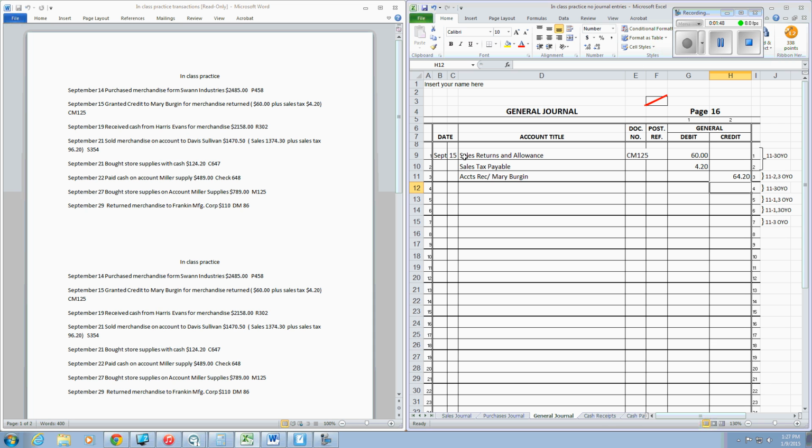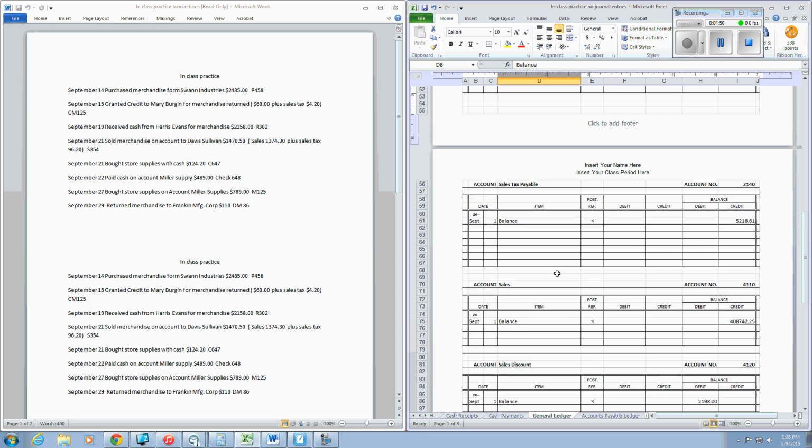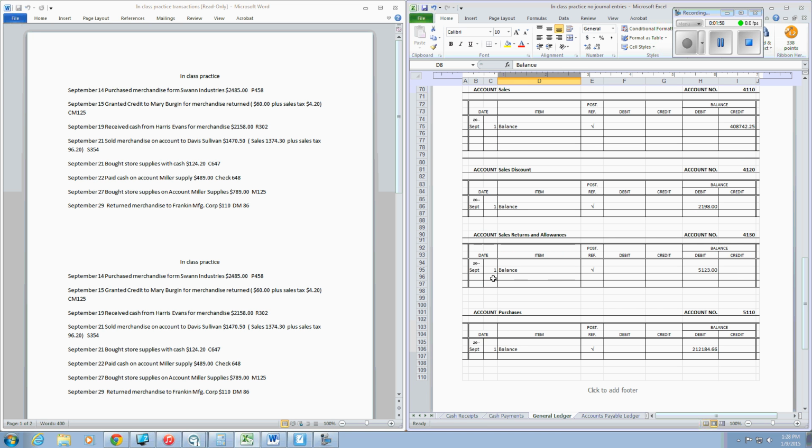First thing we're going to do is we're going to go back and find in our general ledger our sales returns and allowance. So we're going to scroll down and find sales returns and allowance. And again, we're going to put the date, which is the 15th. And it comes from General Journal, page 16. And again, where do we find that? Well, we can go back and find General Journal.